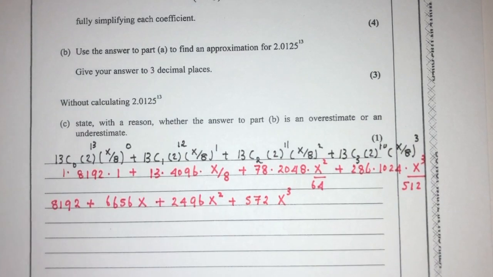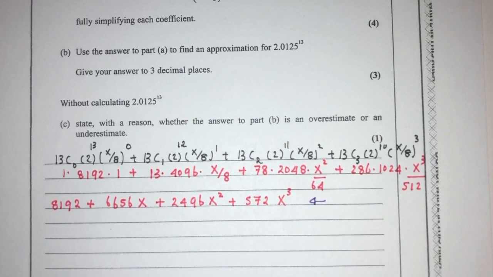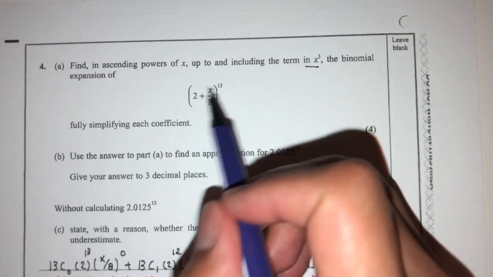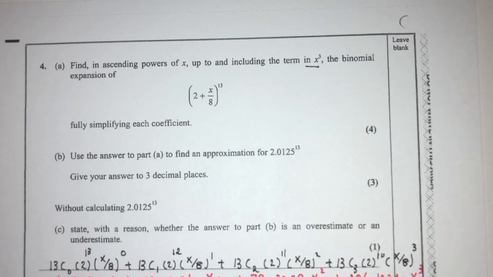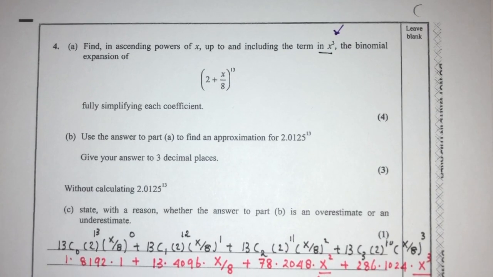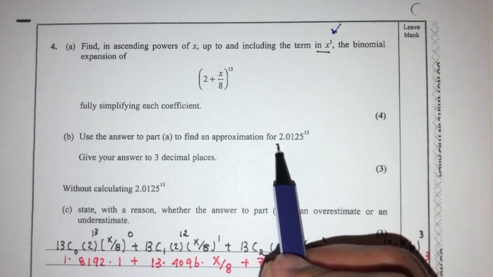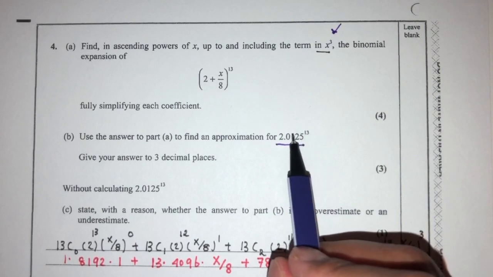Okay, so these will be the terms that we need to find for question part 1, which is the expansion of this binomial term until x power 3. Now let's move on to part B. So we have to use the answer from part 1 to find the approximation for this. Now the main idea here is we have to compare this and this.